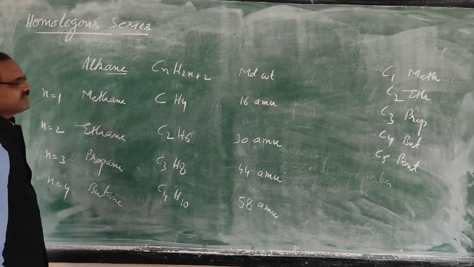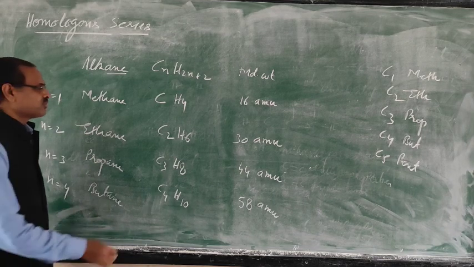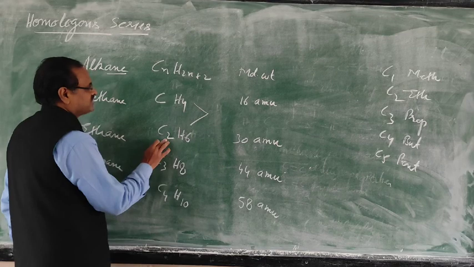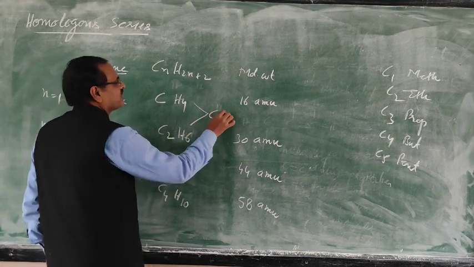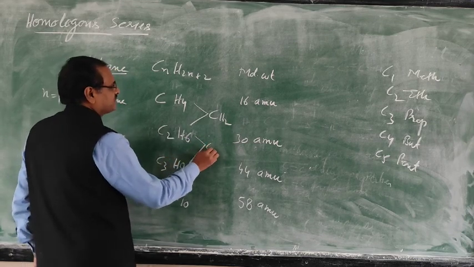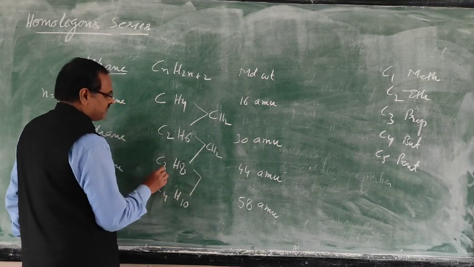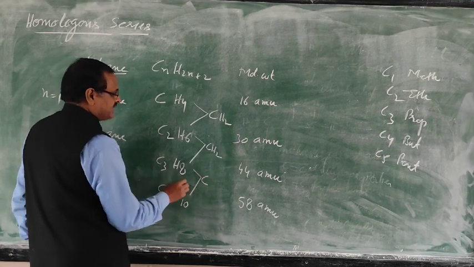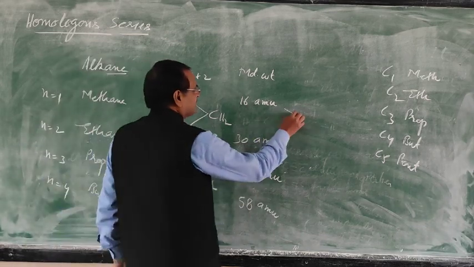Now take the difference, as it is given that two successive members differ by CH2. Take the difference: C2H6 minus CH4, only one C and H2, so CH2. Then C3H8 minus C2H6, one C, then CH2. Then C4H10 minus C3H8, C and H2. Now take the difference of the molecular masses.